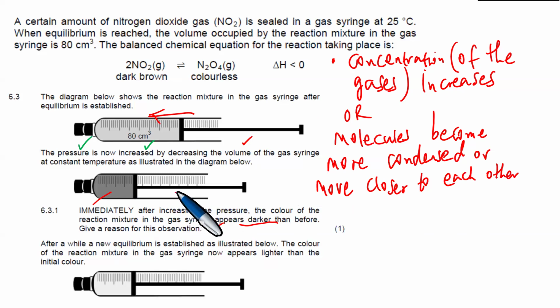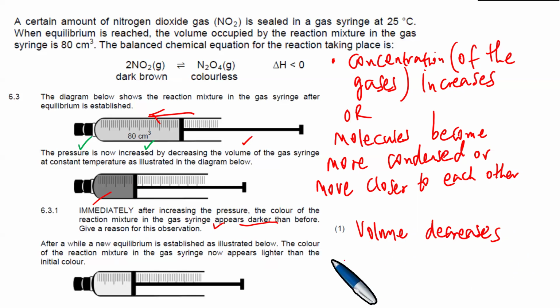When the volume decreases, the space becomes smaller. What does it mean?